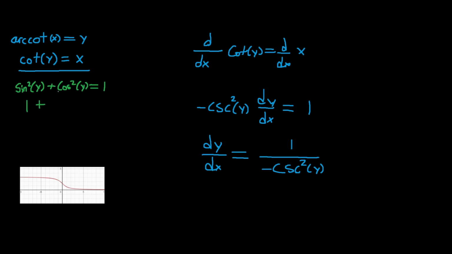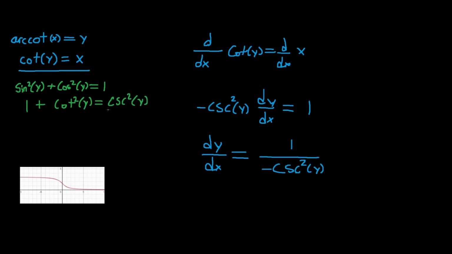And then here we're going to have plus cosine squared of y over sine squared of y, which is cotangent squared of y. And then 1 over sine squared of y is just going to be cosecant squared of y.